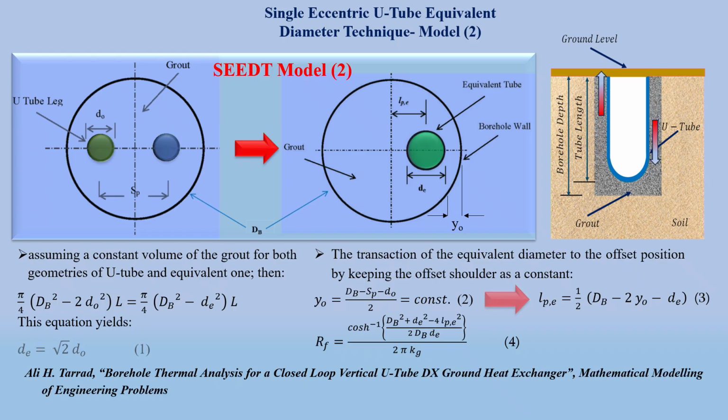You may find all the details about this correlation in the reference shown at the bottom of this slide, and usually it will be the first reference in the list, which I am going to include in the description box of the present episode on the YouTube channel.